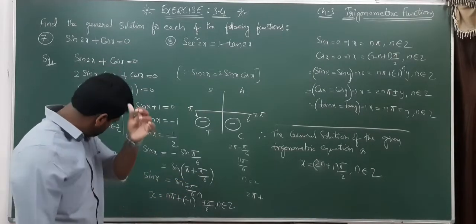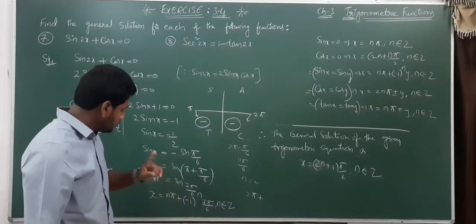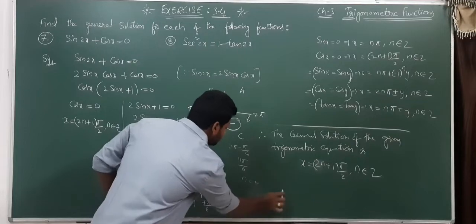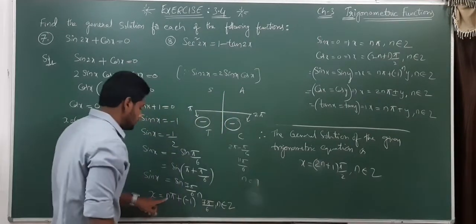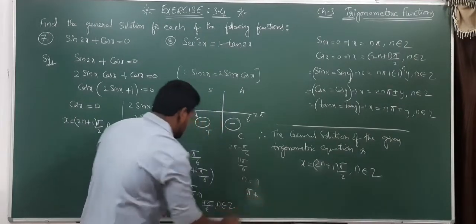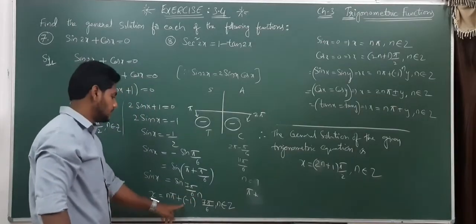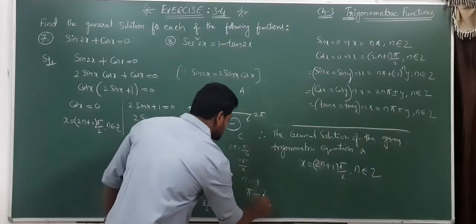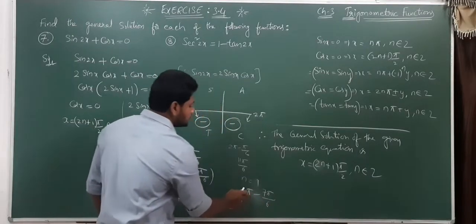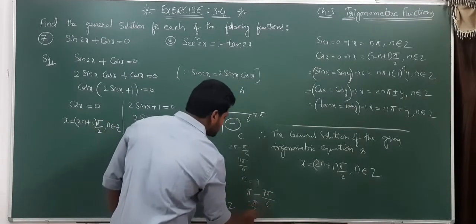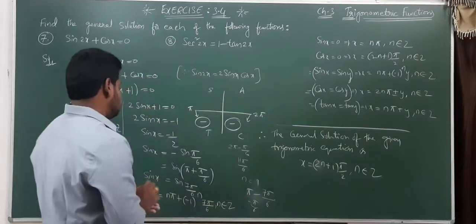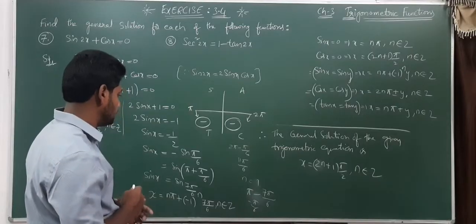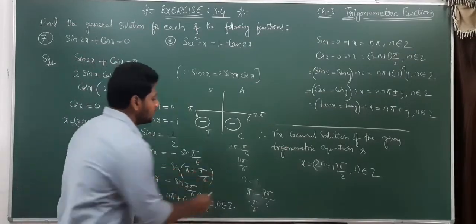If n equal to 1 you take, this will become pi plus minus 1 to the power 1 is minus 1, so pi minus 7 pi by 6, so 6 pi minus 7 pi is minus pi by 6. So here we are not getting 11 pi by 6 now.